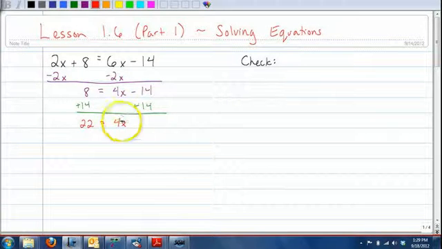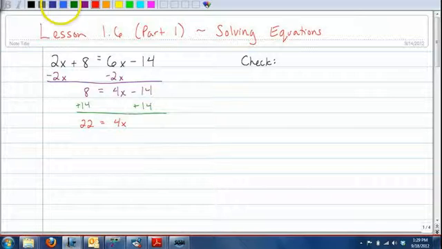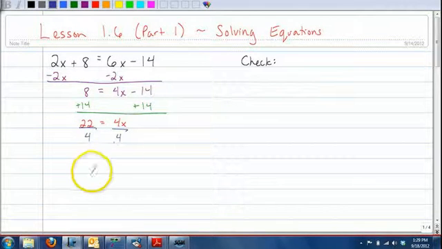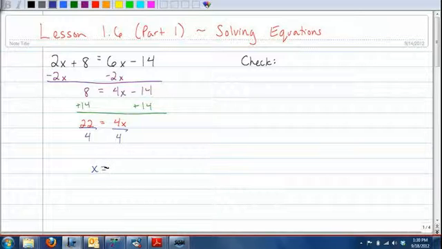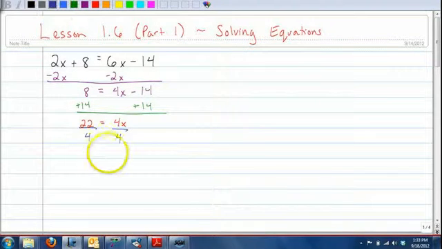Now when I go to solve this, I'm going to divide both sides by 4. So when I divide by 4, my answer is going to be x equals 5.5.